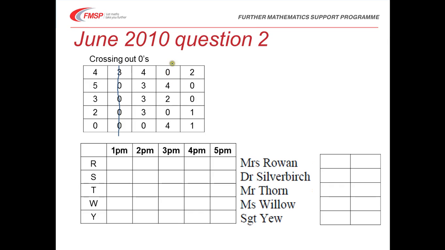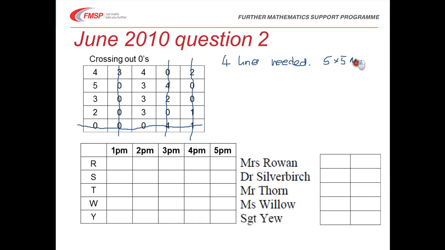We've got 2 zeros here, so I'd use a line there to get rid of those, and I've 2 zeros here to get rid of those, and I can now sort those 2 zeros out by crossing that row. But the thing is, I've needed 4 lines, and it's a 5 by 5 matrix.